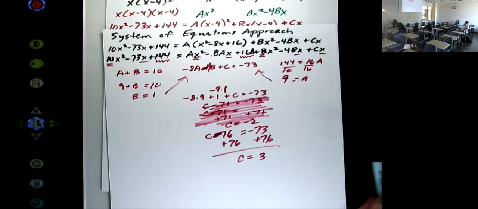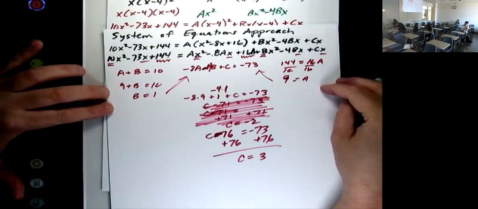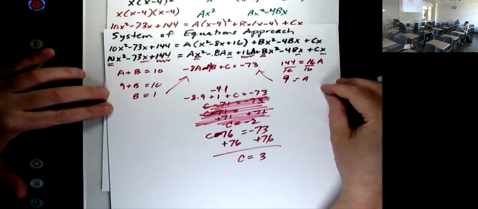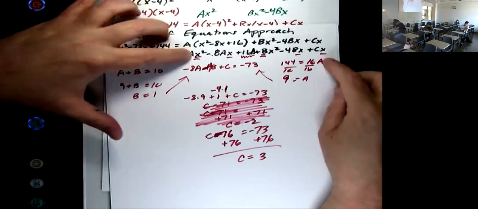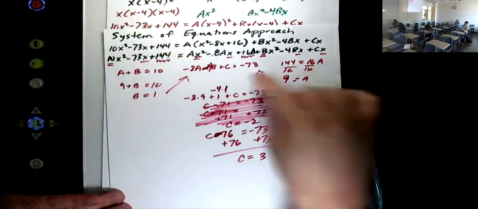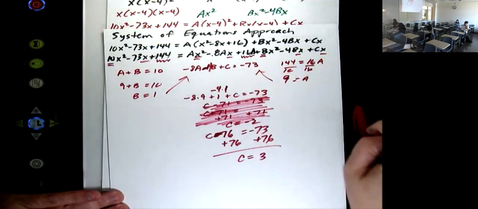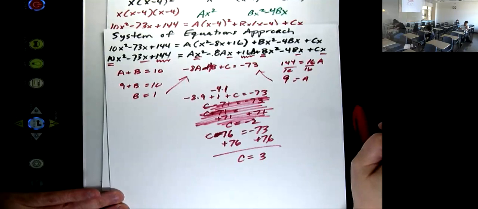Now, here, this actually looks a little bit easier, right, than the other method. I mean, I did have to multiply it all out, and I did have to presumably not mess up setting up the equations. So there's that.